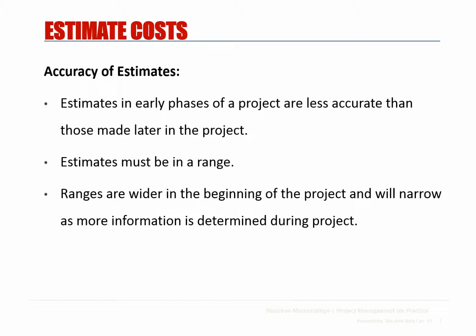That is due to the fact that at the early stages of your project, the information you know about the project, the activities you do, the risks, assumptions, limitations are very limited. And therefore, your estimations might not be so accurate. This needs to be agreed by all the stakeholders and the clients.